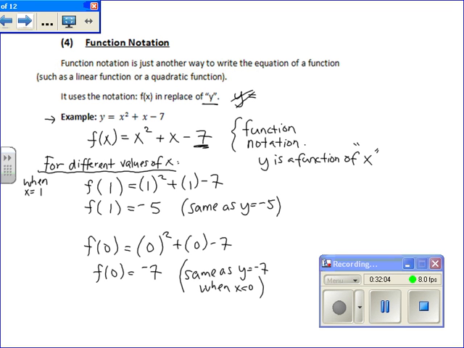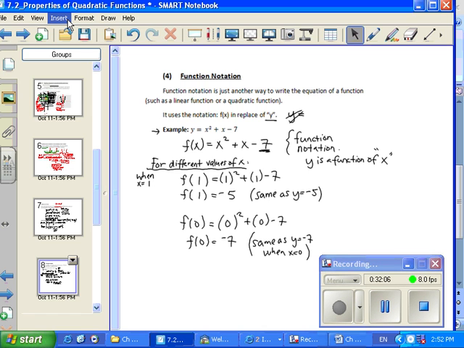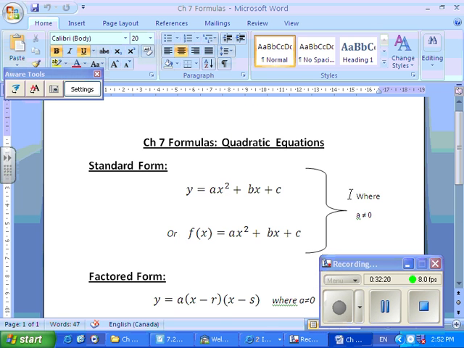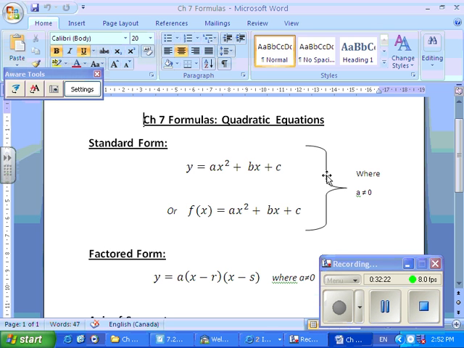And I'll just quickly show you on your formula sheet. To keep track of some of these formulas, if you go to your formula sheet for a moment, just have a look at the chapter 7 formulas. One of the first ones that we have there is standard form for quadratic.